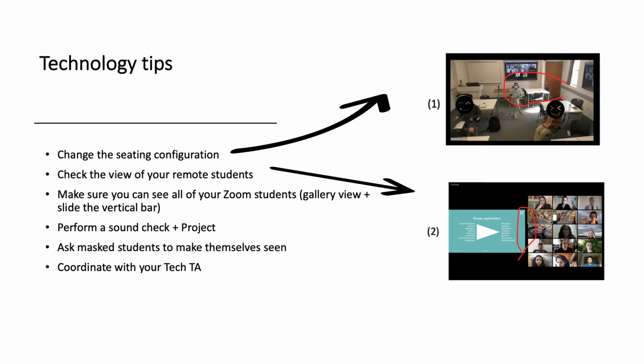You will need to coordinate with your tech TA. This is something that I also had to realize early on. I coordinated with my tech TA and clarified their duties and responsibilities. And I told them that they will be taking on the role of the director in a film, kind of.